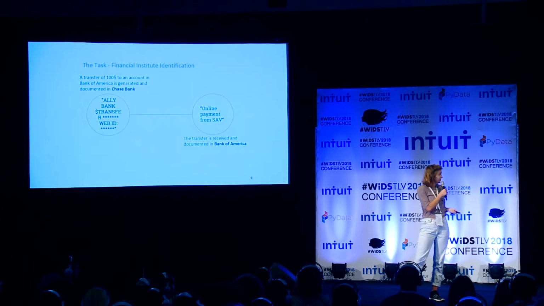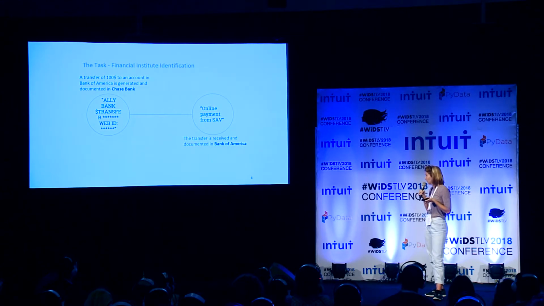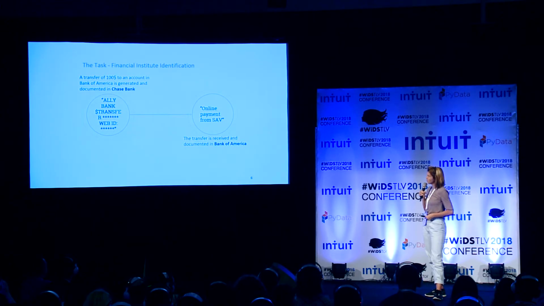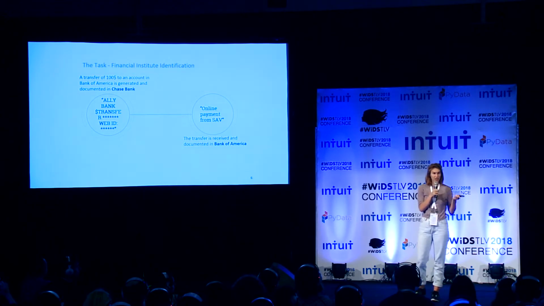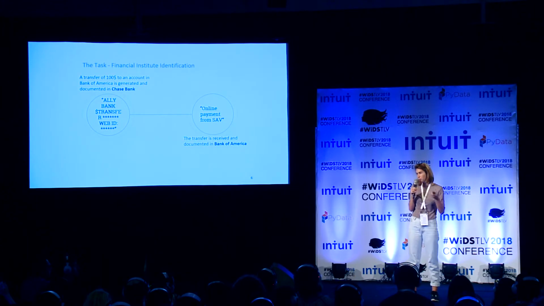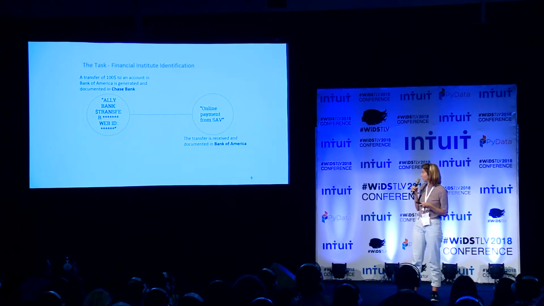If we take a step back and look at the problem we're trying to solve, let's say there's a transfer being generated and documented in Chase Bank. This is the way Chase Bank described it, but Chase Bank has all those logics and rule-based mechanisms that say how they describe a transfer to Bank of America.